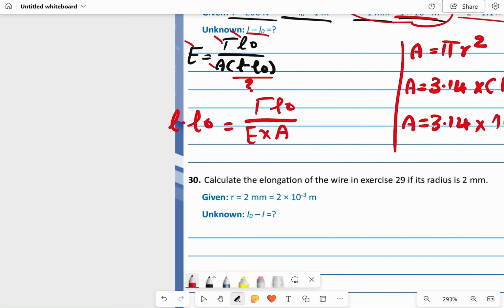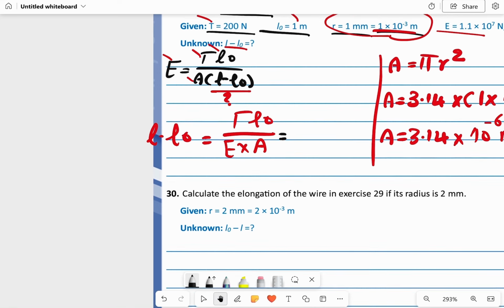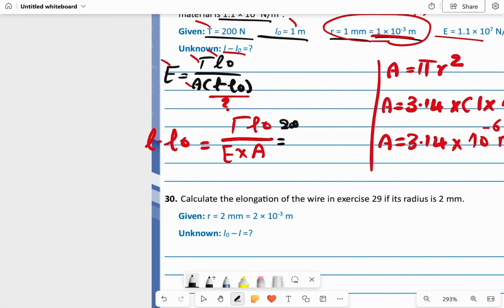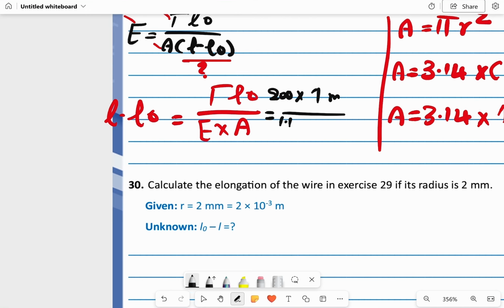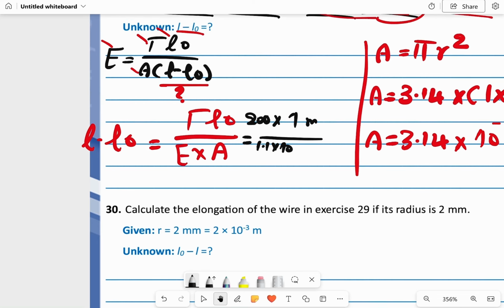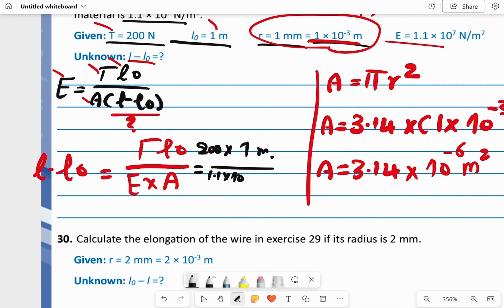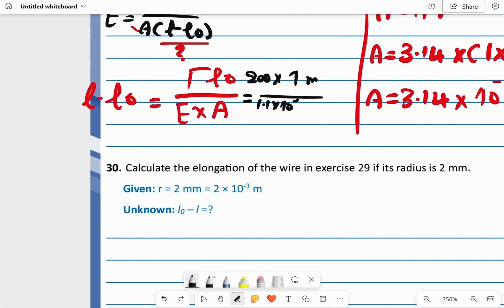Then put the givens that you have. You have tension, which is equal to 200 Newton, multiplied by initial length, which is equal to 1 meter, divided by Young's modulus, which is equal to 1.1 times 10 to the power of 7, multiplied by area, 3.14 times 10 to the power of minus 6.